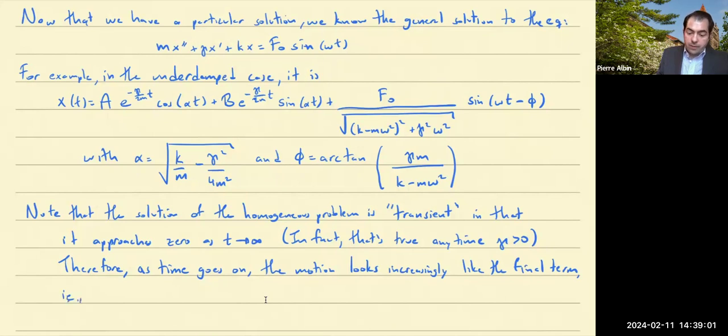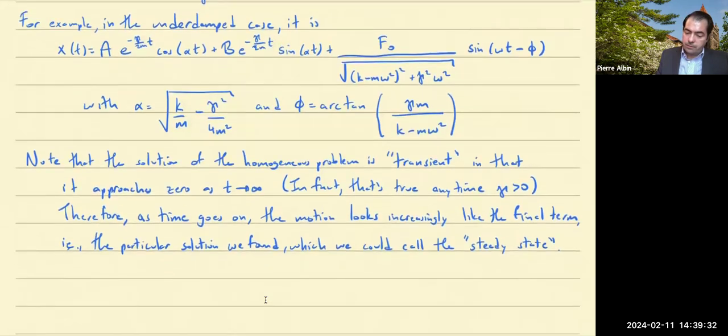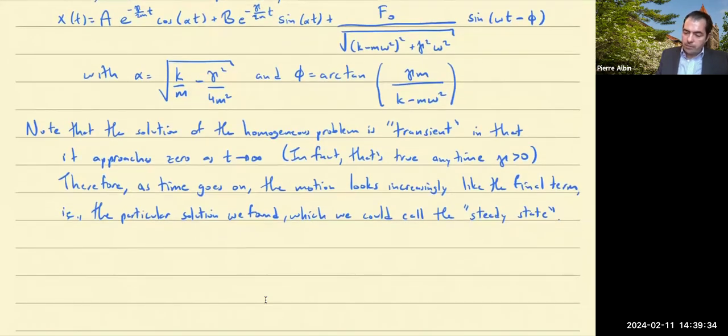That is to say, it looks increasingly like the particular solution that we found. Which we could call steady state, or the steady state part. Okay.